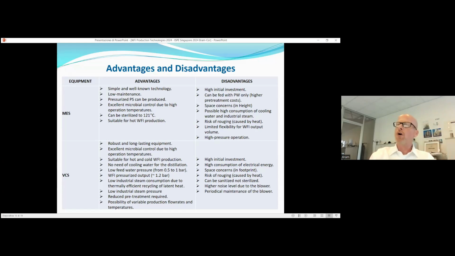It is not so common, at least in our experience, to find the same for the other technologies. The microbial control is excellent, again, because it is boiling and no bacteria or live bodies can resist high temperatures, the same as the multiple effect distiller.